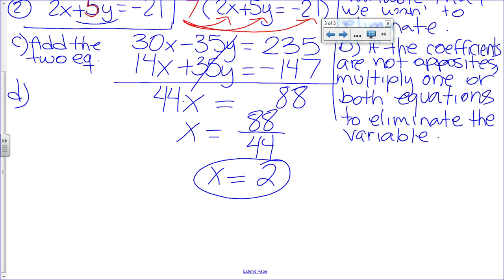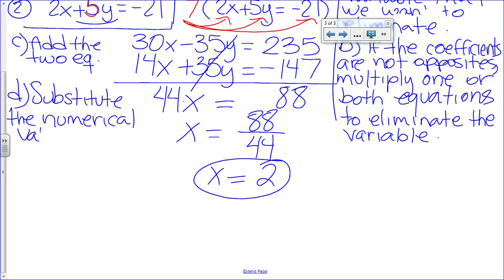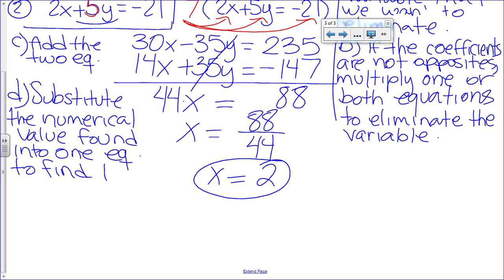So now we have to substitute the numerical value that was found into one equation to find the other numerical value.